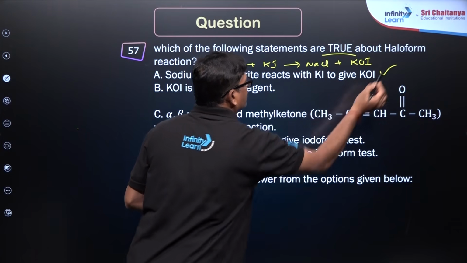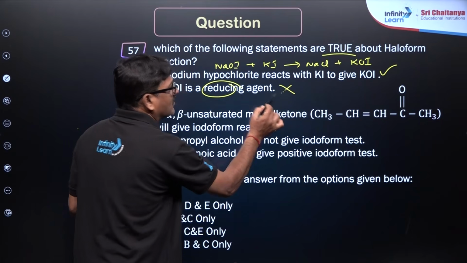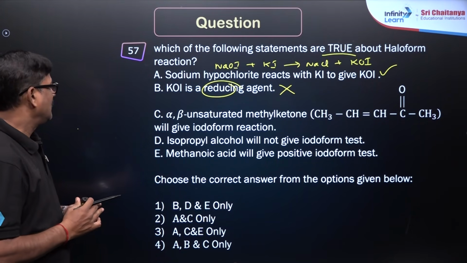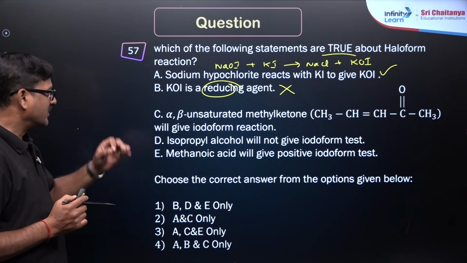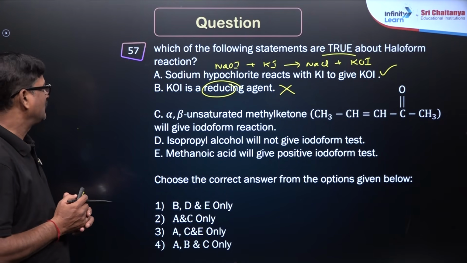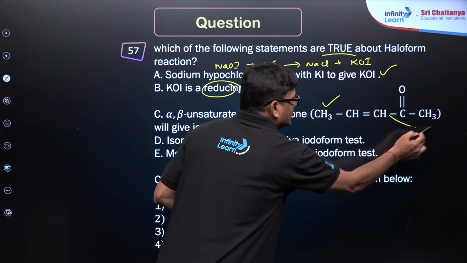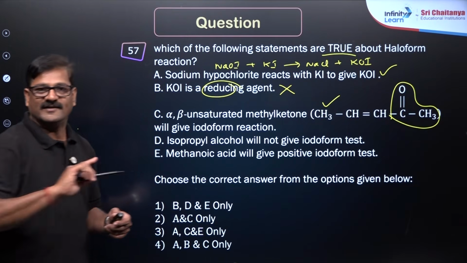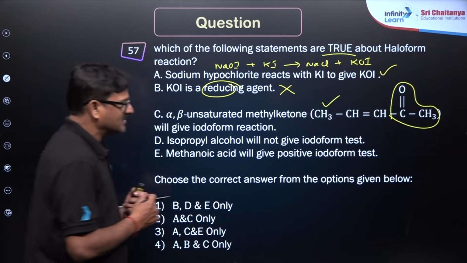Yes, it is correct. KOI is a reducing agent, wrong. It is an oxidizing agent. And alpha beta unsaturated methyl ketones will give the iodoform test, and it is a correct statement. Anything that has this can give the iodoform test. Isopropyl alcohol will not give the iodoform test?